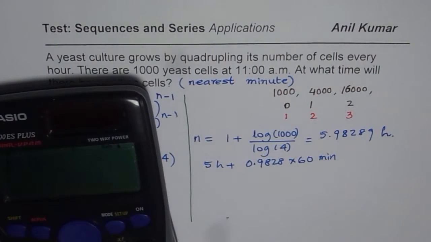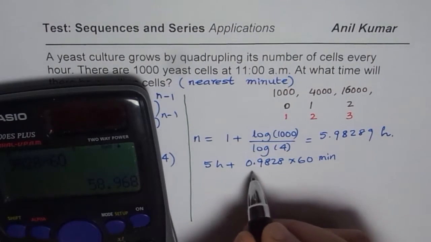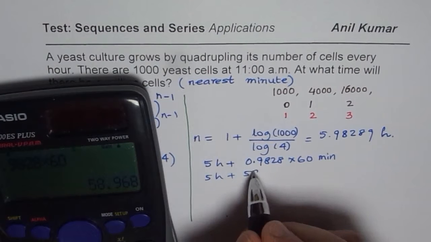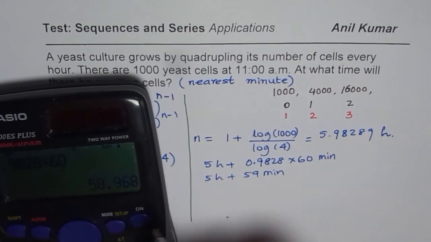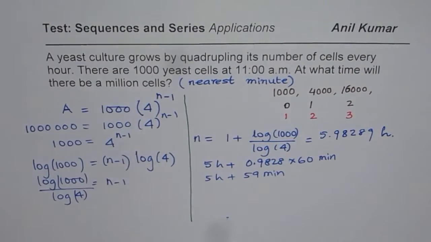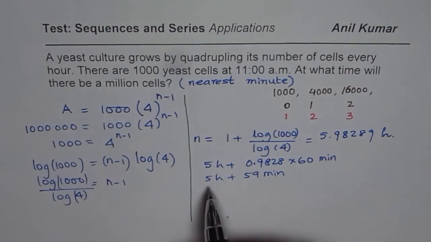So 0.9828 times 60 equals, in decimals, 58.9 minutes. So that gives us 5 hours plus 59 minutes. 58.9 minutes can be rounded to 59 minutes. Do you get the point?